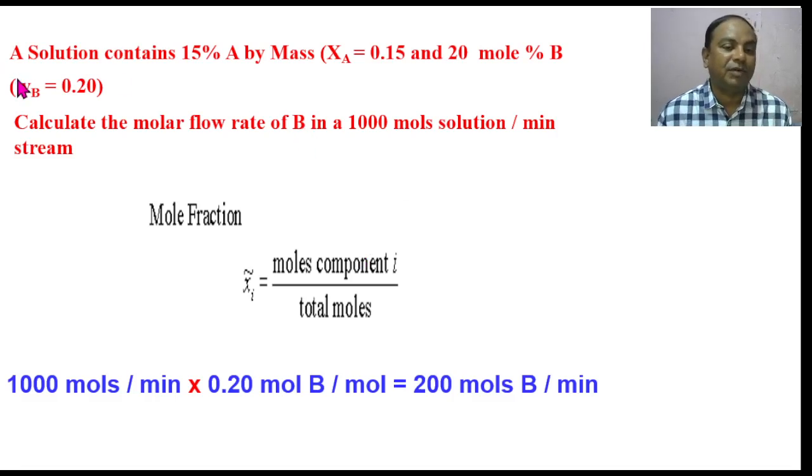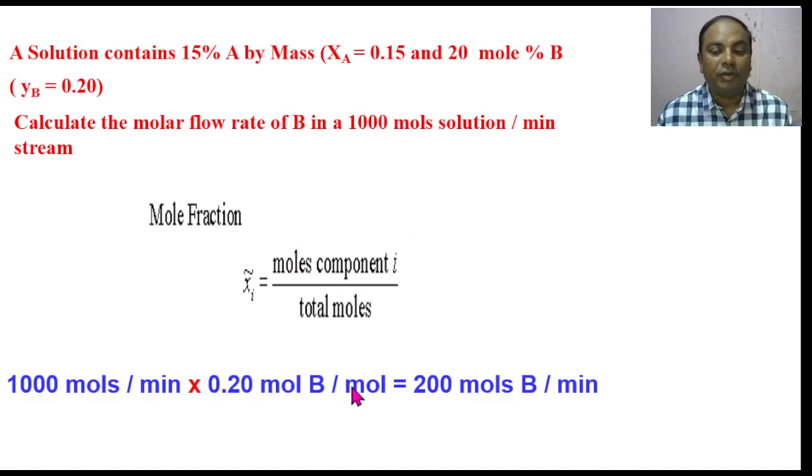Its fraction is given. The mole fraction is given, and it is 0.20. Moles of component B is not given, but total moles is given, that is 1000 moles. So put all these values in this equation.